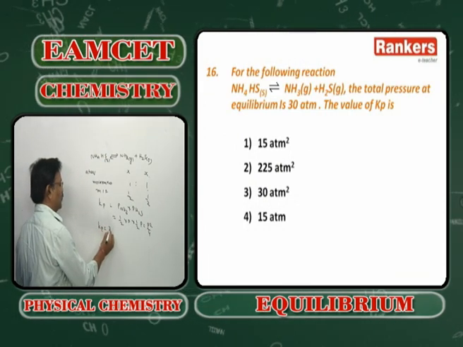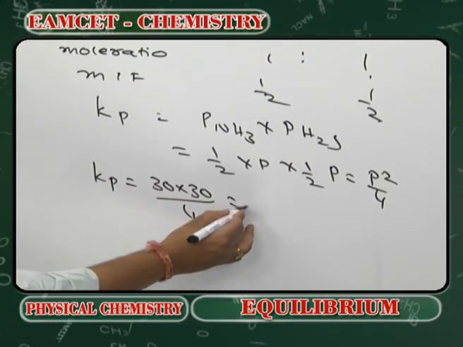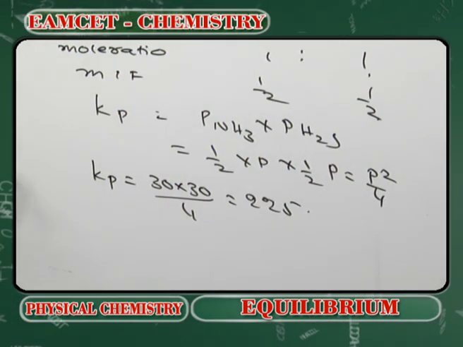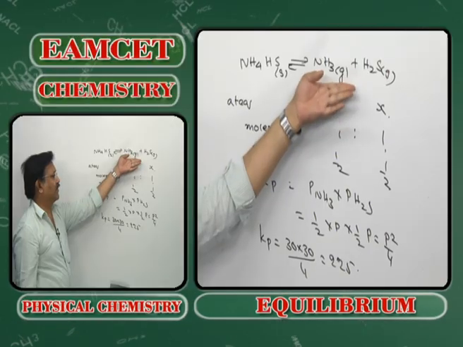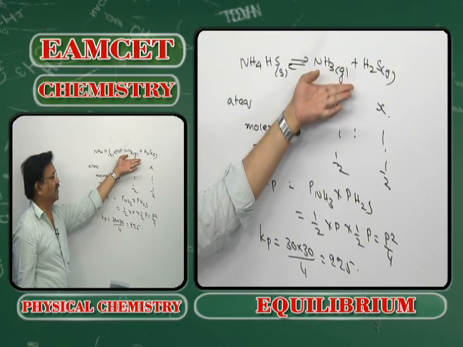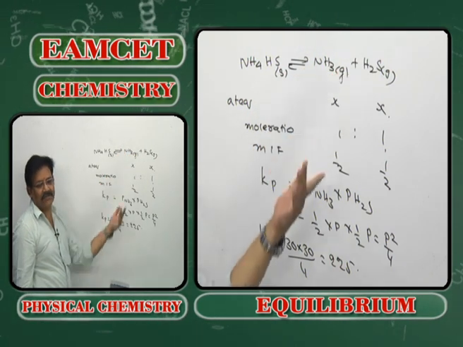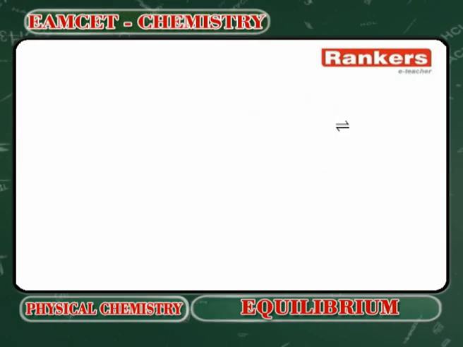Kp is equal to 30 into 30 by 4, which is equal to 225 atmosphere square. Option 2 is the answer. We can remember this, because this is an important equilibrium. What is the Kp value for this equilibrium? P square by 4. Next.